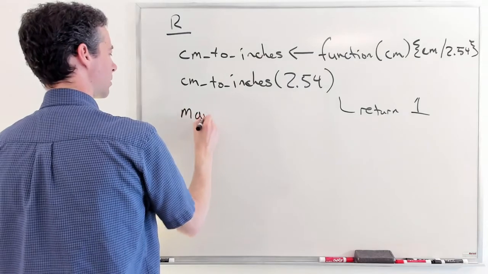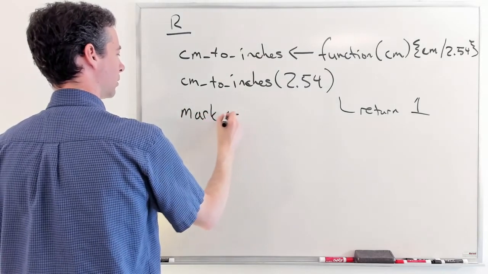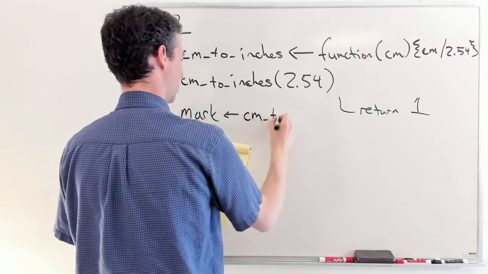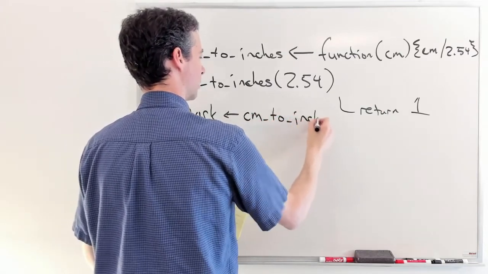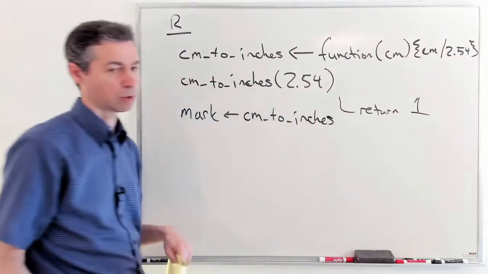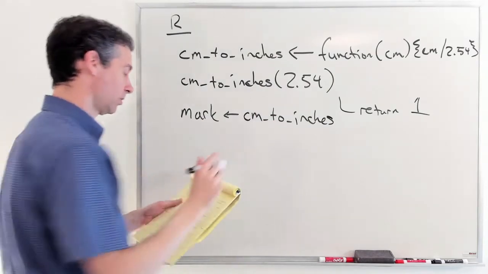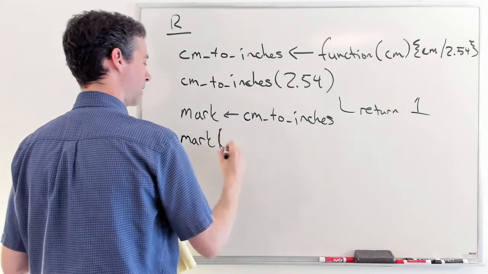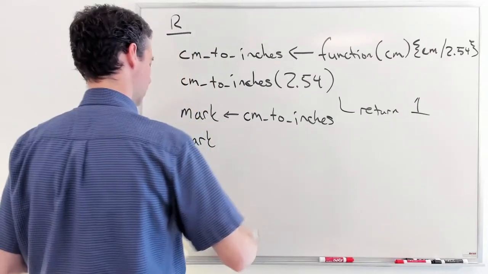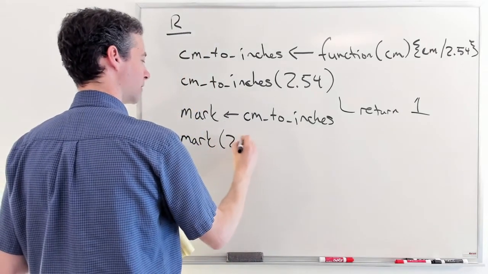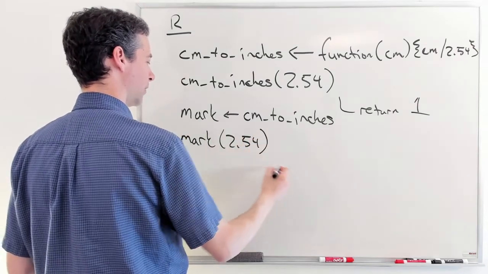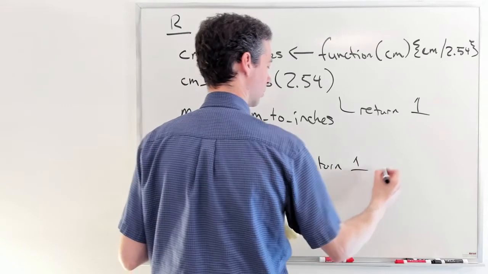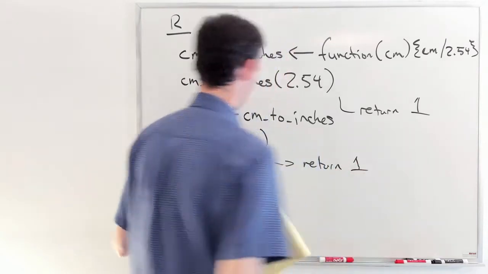I could take Mark, and I could assign to it centimeter to inches. And then, just so you know, I could go Mark and pass in to it, do a method call on it, a function call, 2.54, and it's going to return 1 as its value.